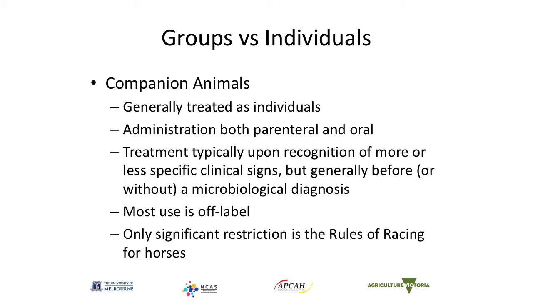Administration typically is both parenteral and oral, and treatment is typically instituted upon recognition of some more or less specific clinical signs, but generally before or without making a microbiological diagnosis. Much of our use in companion animals is off-label, and really the only significant restriction to our therapy in companion animals are the rules of racing for horses.